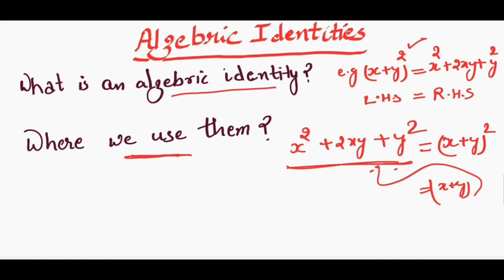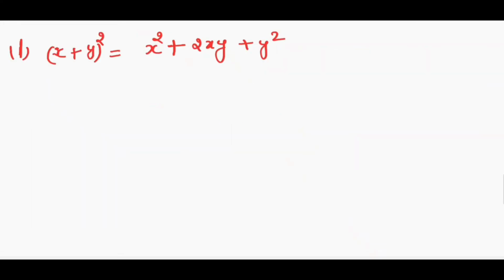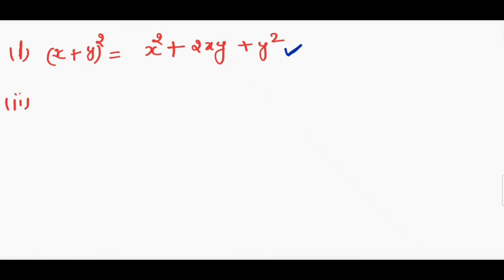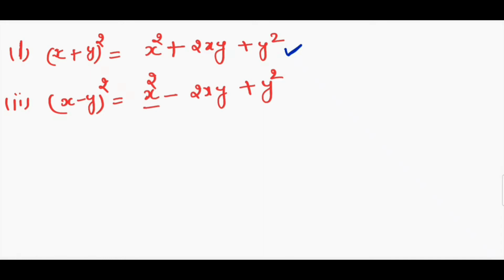First we'll discuss the algebraic identities. The first identity is (x + y)^2 = x^2 + 2xy + y^2. You have to remember all the identities. The second identity is (x - y)^2 = x^2 - 2xy + y^2.